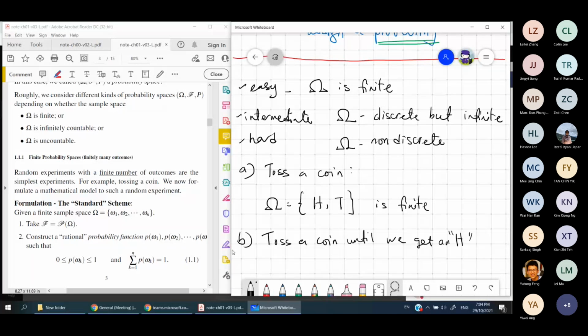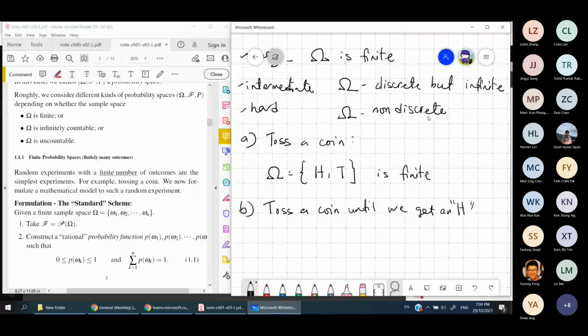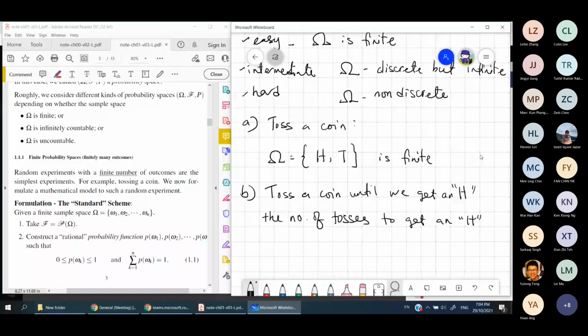We are concerned with the number of tosses to get a head. So how many possible outcomes do we have here?